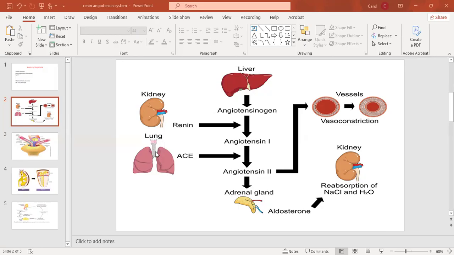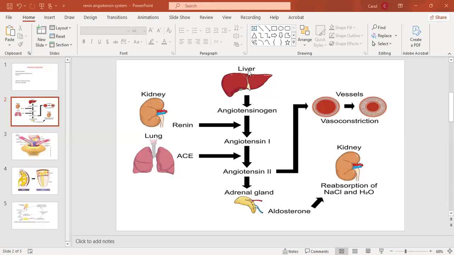This lung is involved in the production of angiotensin converting enzyme. We have endothelial cells that are specifically found in the lungs that produce angiotensin converting enzyme. The kidney, on the other hand, has specific cells known as juxtaglomerular cells that are found in the afferent arterioles of the kidneys, and these are the ones that produce renin.